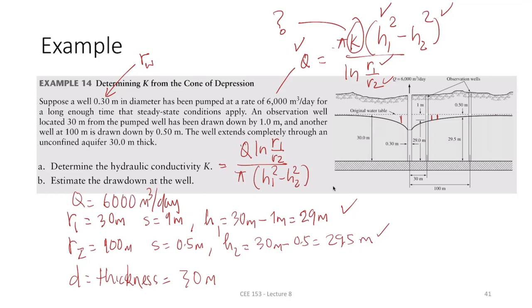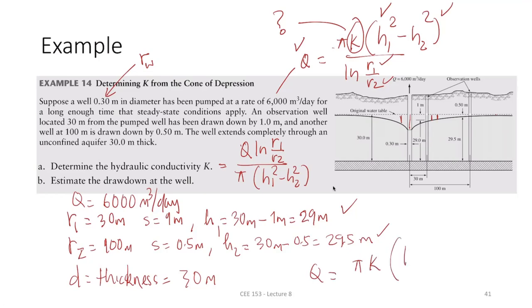Estimate the drawdown at the well. I'm asking what is the drawdown at this particular well. Well, think of how to do that one. Drawdown means basically S. If you know the height in the well, then you should be able to calculate. Well, you can see how you can calculate that. Q equal to pi k.